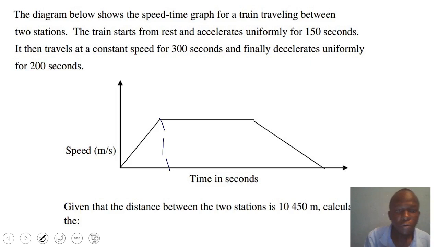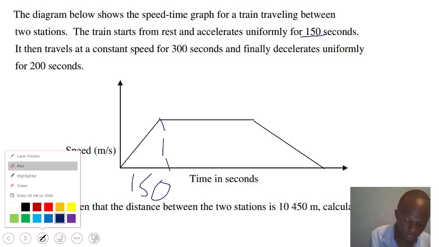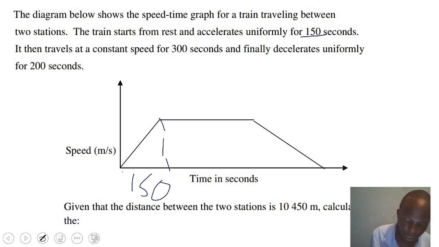We're going to start with the first 150 seconds from rest. In the first 150 seconds, the train moves from rest up to this point.